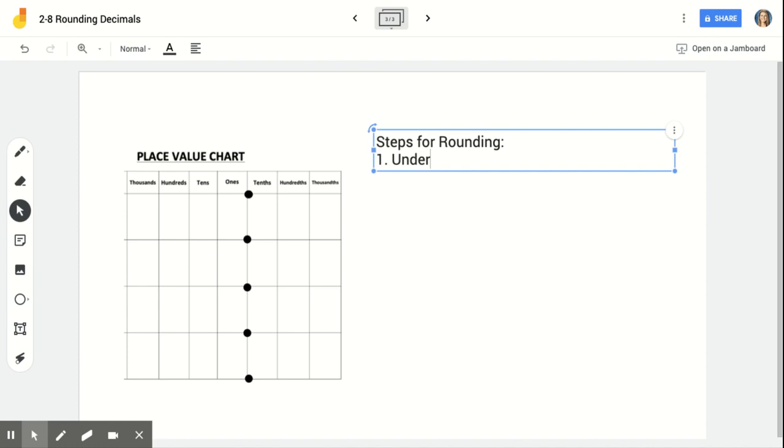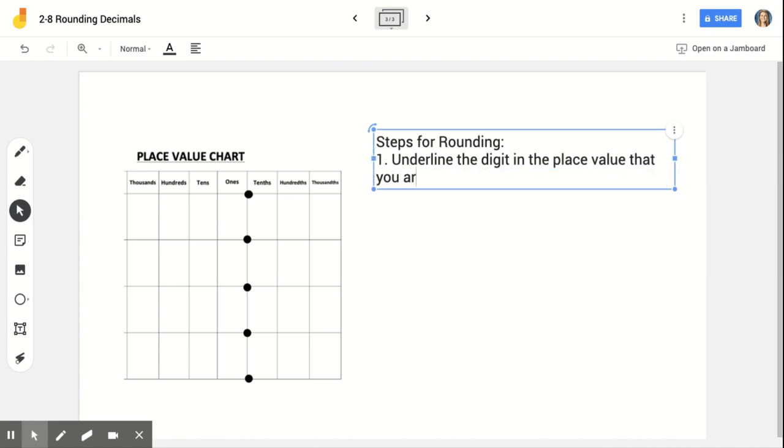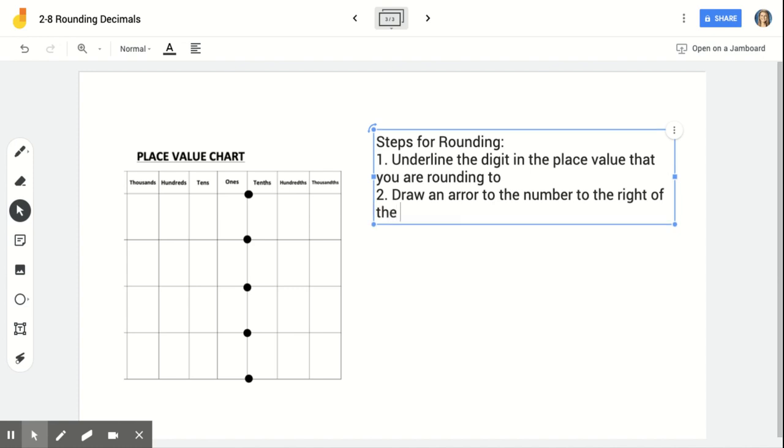So first we're going to underline the digit in the place value that you are rounding to. So that's number 1, first step. Number 2, you're going to draw an arrow to the number to the right of the underlined number.